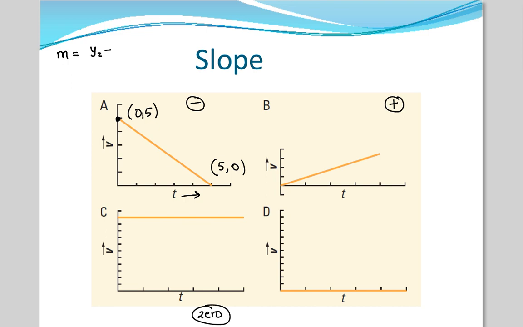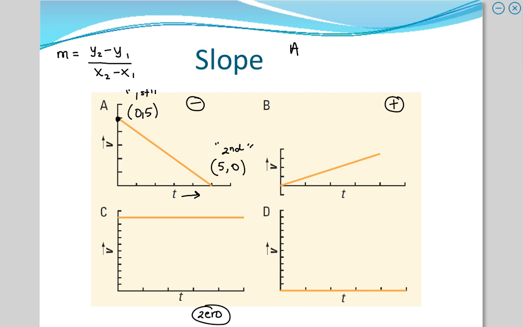Rise over run, which is the change in the y divided by the change in the x. Notice it's always second minus first. In physics, it's always like final minus initial. And I always say that this is the second point on the right, and this is the first point. I always just use the one on the right as the second point.